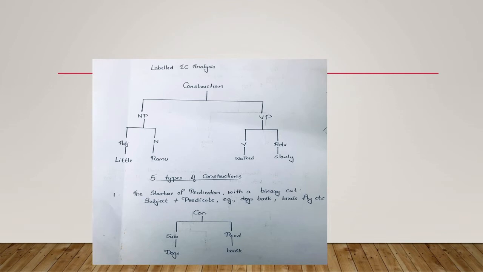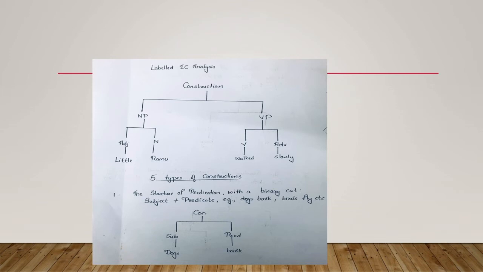So in order to rectify that error, we have what is known as the labeled IC analysis. Labeled IC analysis will have categorical or formal labels which indicate the category to which each constituent belongs.